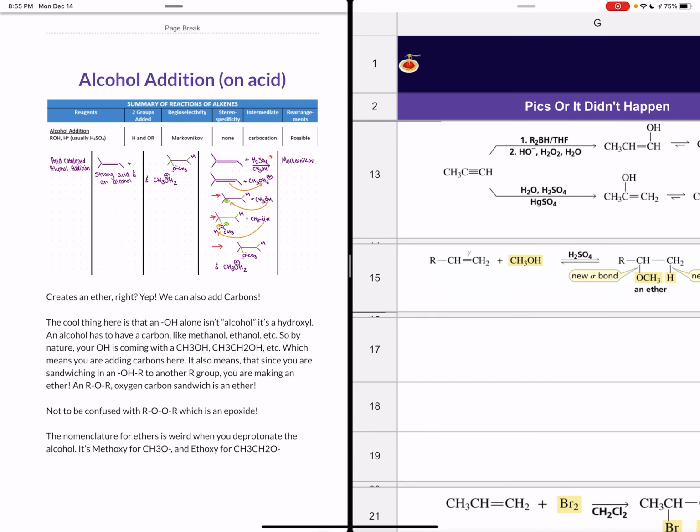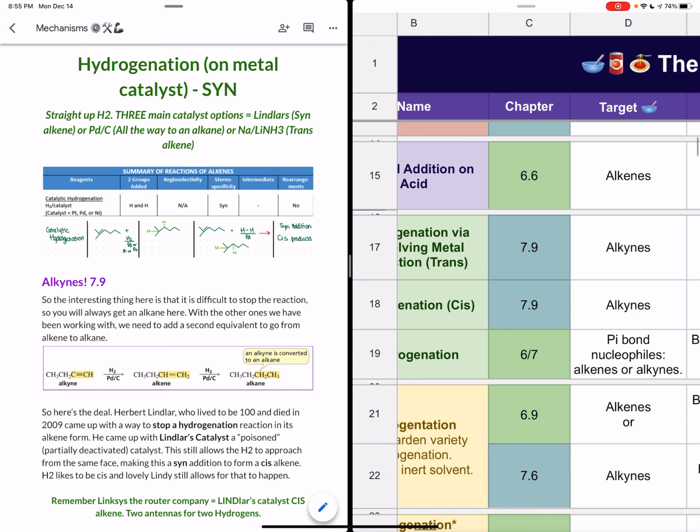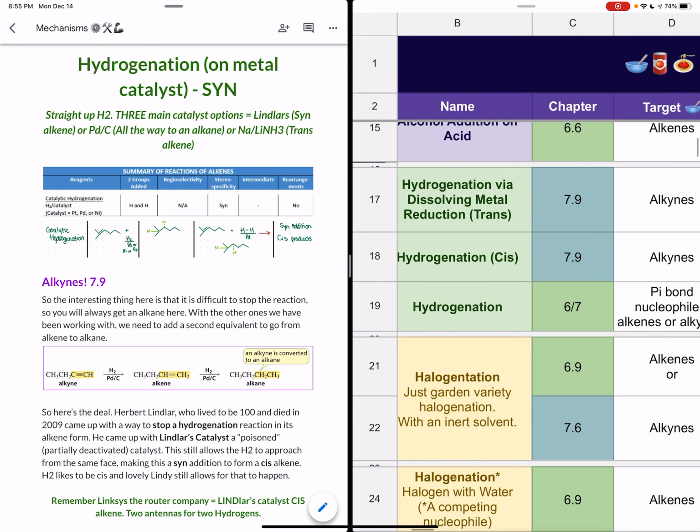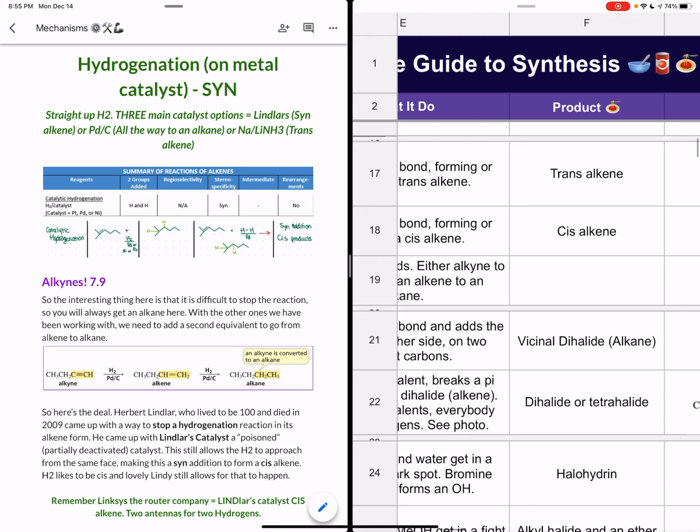Okay, moving on. All right, so now we have these 3, which I like to group together. These are all different types of hydrogenation. Hydrogenation eats pi bonds. As simple as that. The simplest one is H2 over a palladium catalyst. All it is going to do is eat a pi bond and replace it with 2 hydrogens.